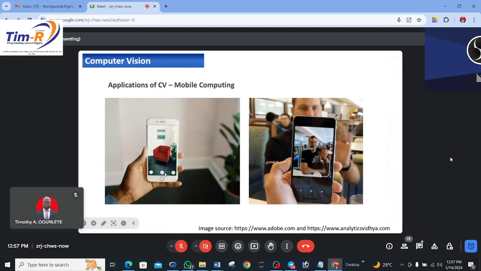For example, you can see the person that is holding this phone here is trying to see if a chair can fit in this corner. So that's what it's trying, so that the computer vision can bring in an object to fit a particular space, to see if it looks okay or it makes sense. So there are a lot of use cases like that where that can be used.